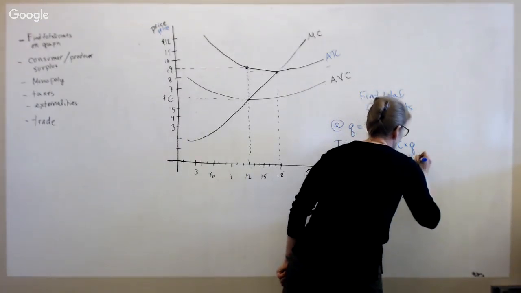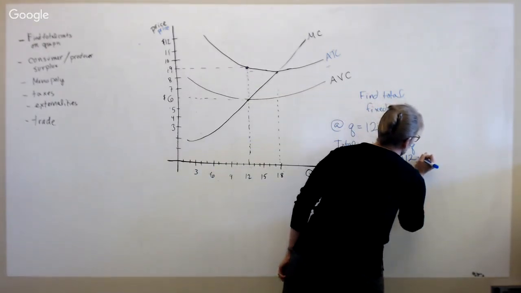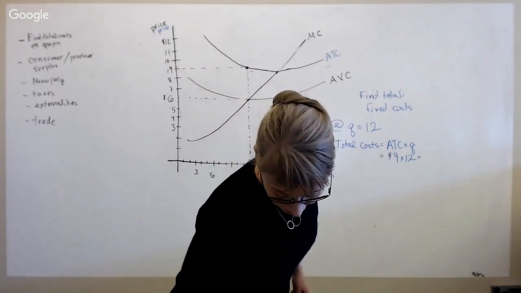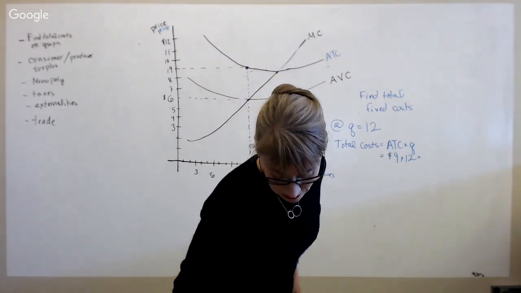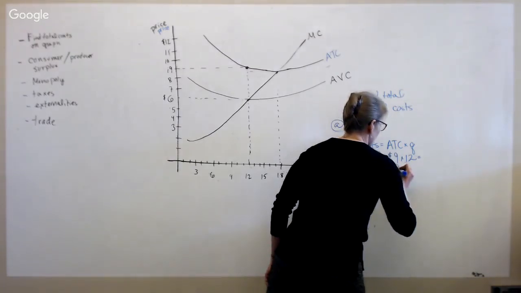And 9 times 12, oh dear. I have a calculator here, even though I can do it in my head. For some reason, when I'm on camera, it makes me nervous. Total costs is equal to 108.